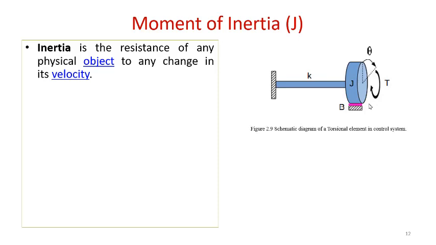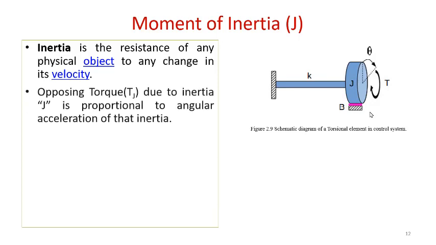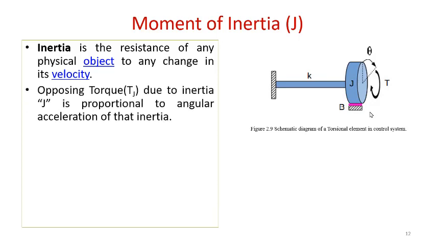So this represents the schematic diagram of a torsional element in a control system, where we can see a disc, a shaft and the friction fluid.